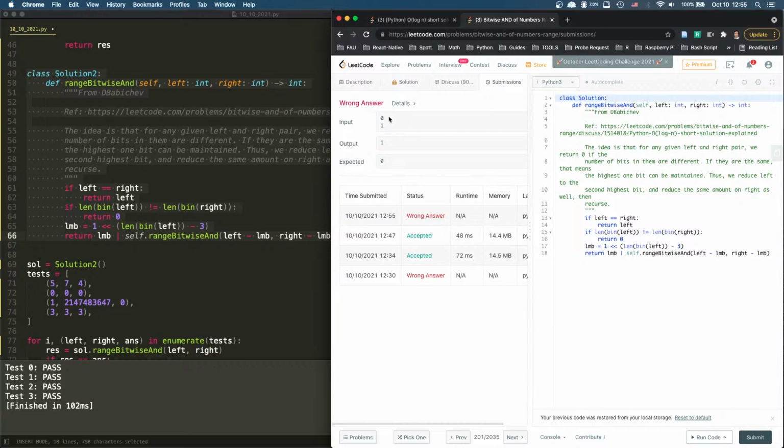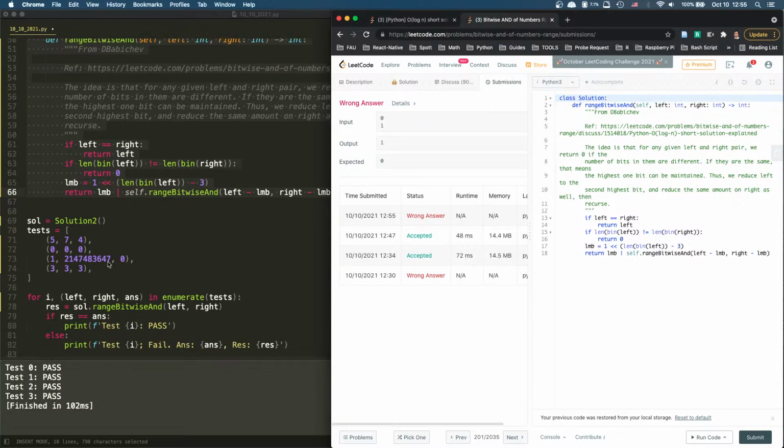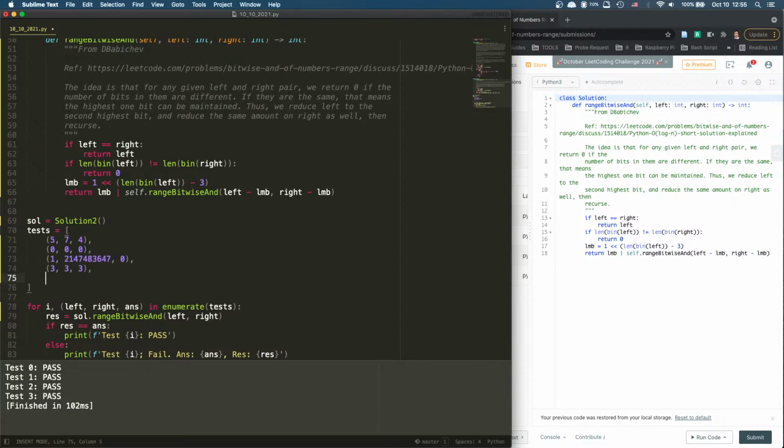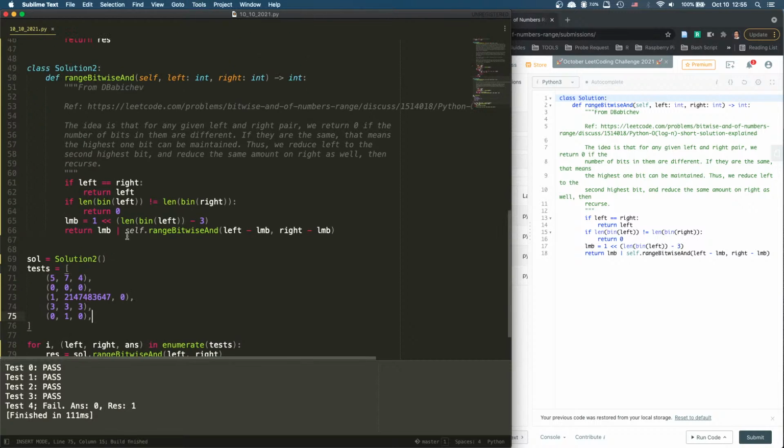Oh, there's no 1 in this. That's a 0. Left not equal to right, and then these are not the same.